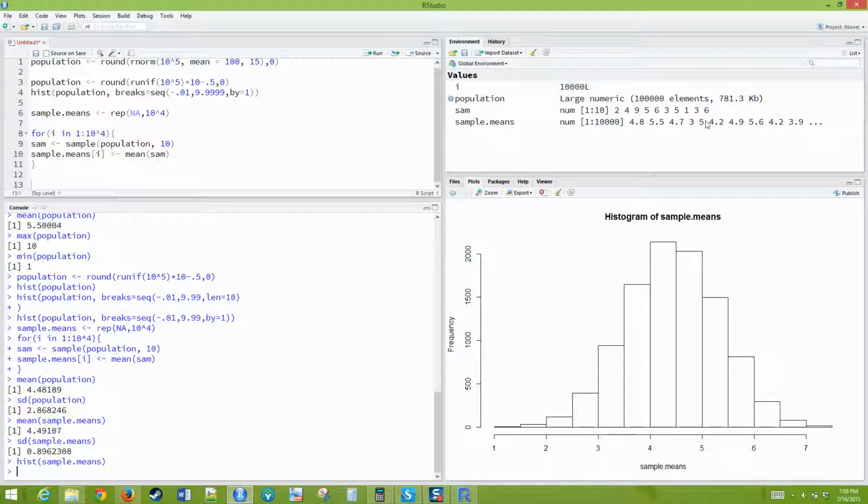Here I got a mean of 3, a mean of 5, a mean of 4.2, 4.9, 5.6. So we see that these numbers are more likely. And numbers further and further away, like to get a mean of 2 or a mean of 7, is less likely. And that makes sense, right?